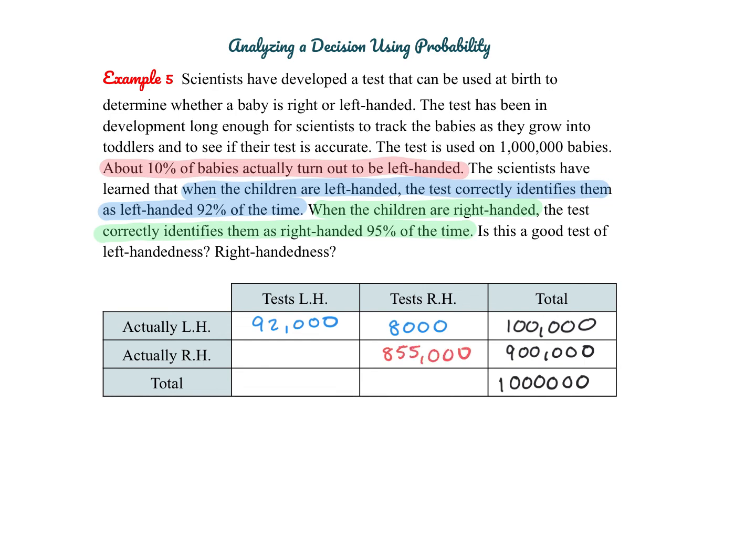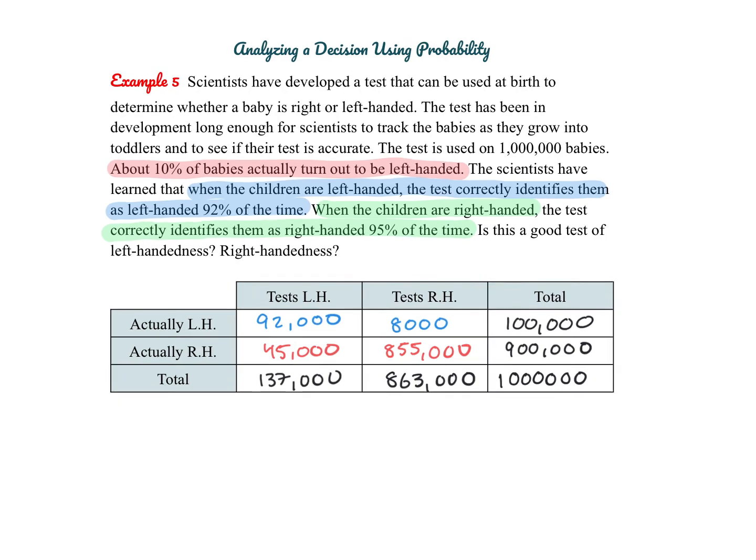So again, of the babies that are actually right-handed, 95% of them test right-handed, but that means that the rest of them, so 45,000 that are actually right-handed, test left-handed. And then if you add up the columns here, we have information about how many babies test left-handed, and that'd be 137,000. And this would be 863,000.